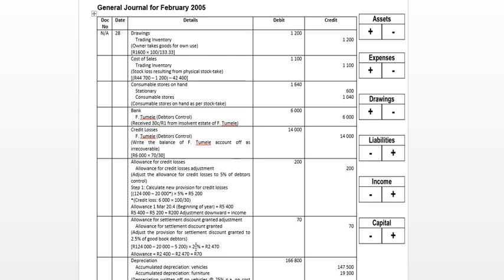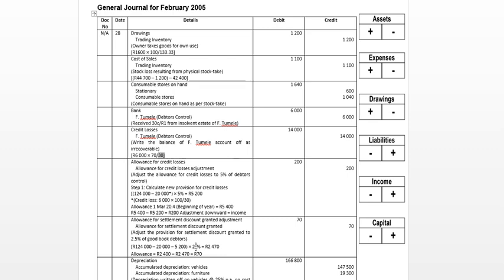So we're going to take the 6,000 Rand and multiply it by 70, and divide by 30. So then we know that she still owes us 14,000 Rand, and that 14,000 Rand we will have to unfortunately write off.